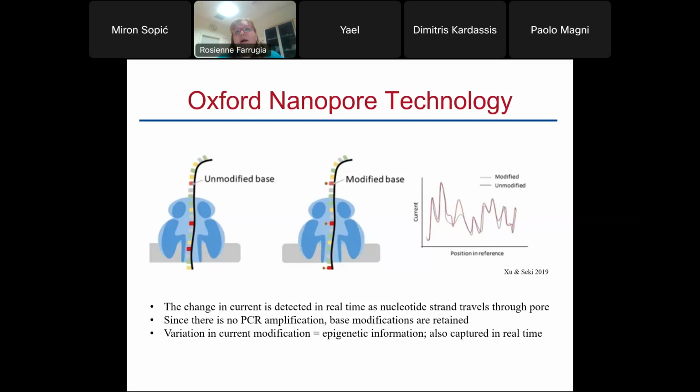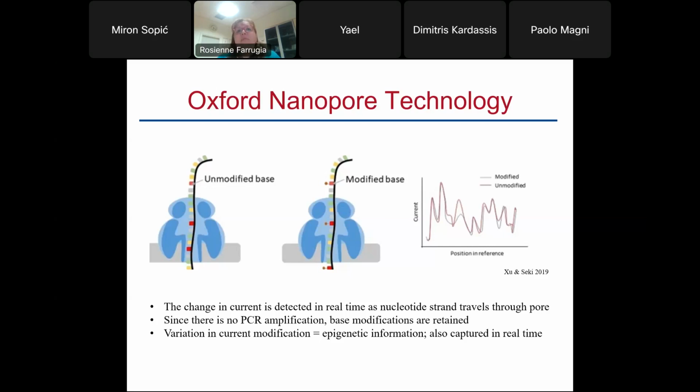Therefore, one other added advantage of the third-generation sequencing technologies is that in the same experiment, besides detecting DNA variants, you can also detect modification of the nucleotides. So through the same experiment, you will get your genome sequence, you will get your DNA variants, and you will also get your epigenetic changes.